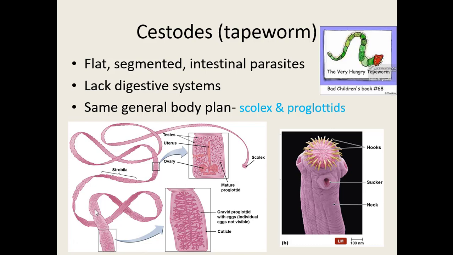And each one can shed 100,000 eggs a day, times all of these different segments. Depending on the tapeworm, it can vary how many segments an average tapeworm has, but it can have between 1 and 2,000 proglottids times 100,000 eggs. It's a lot of eggs.